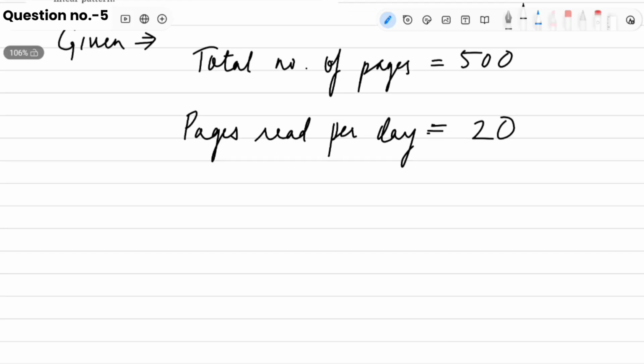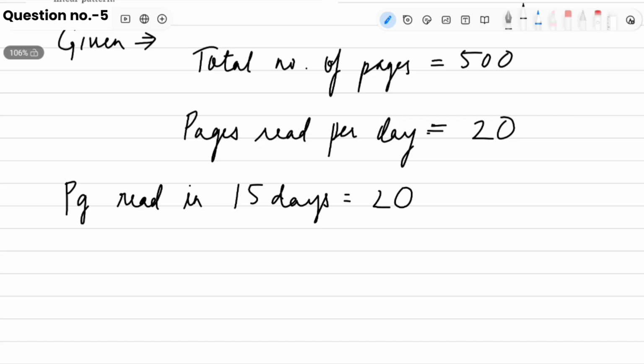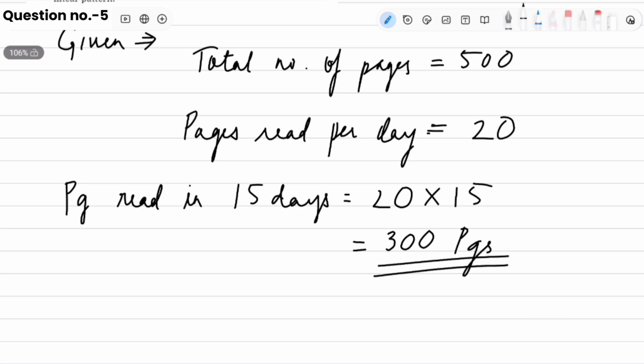So for that, pages read in 15 days, we will find first. So this is going to be 20 into 15. So this will be 300 pages she will read in 15 days.